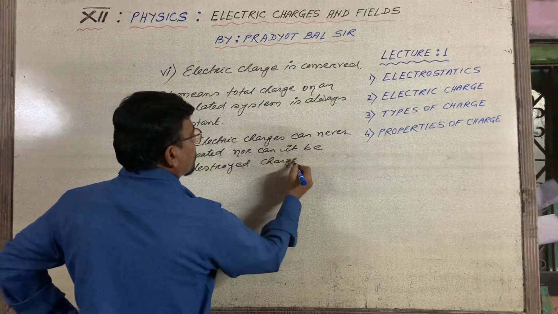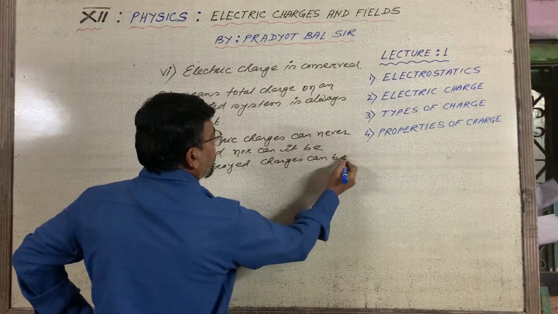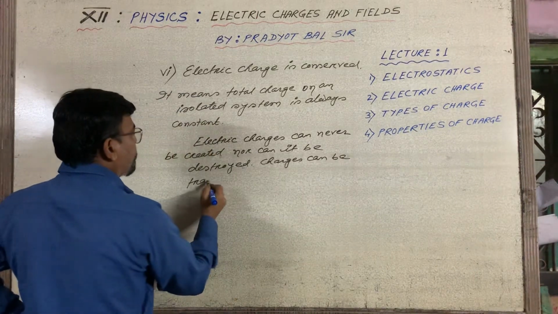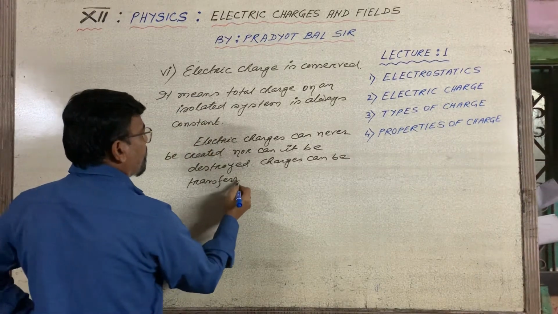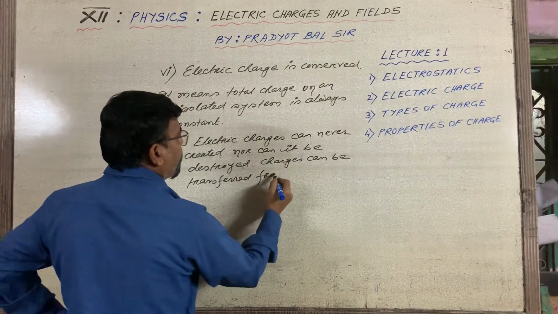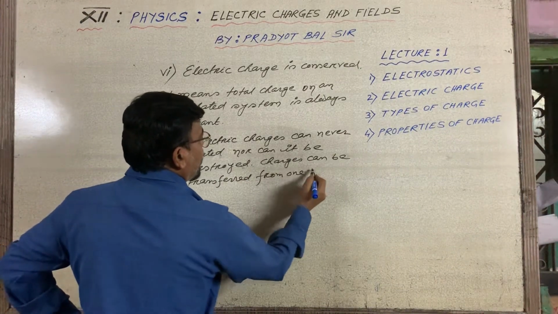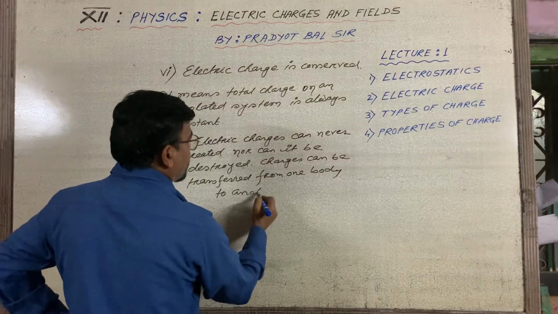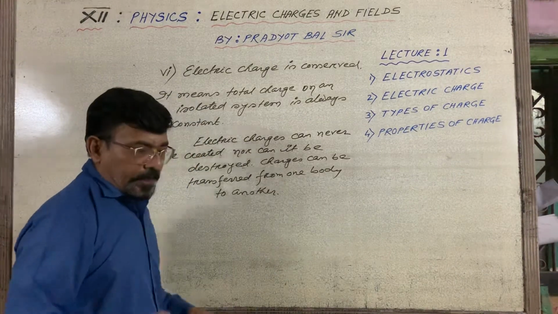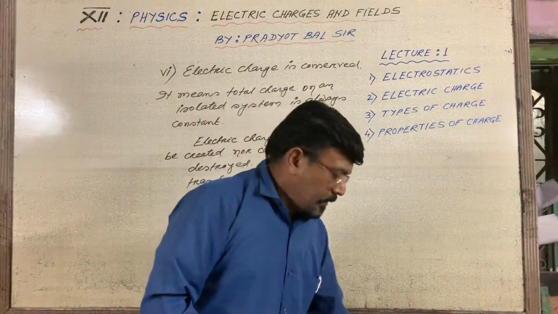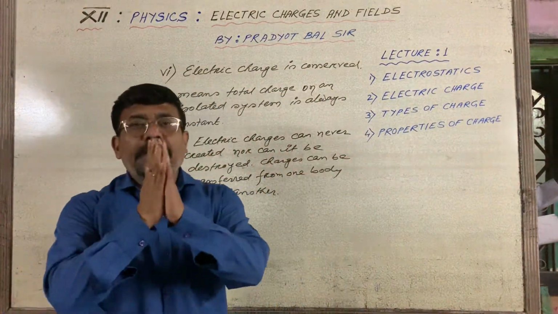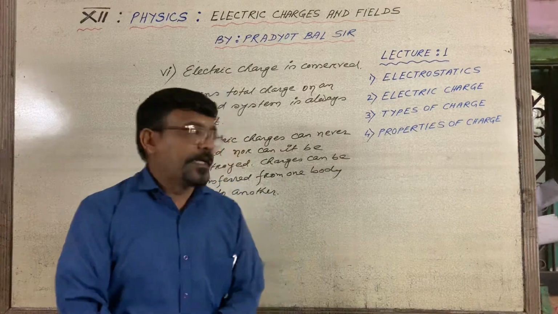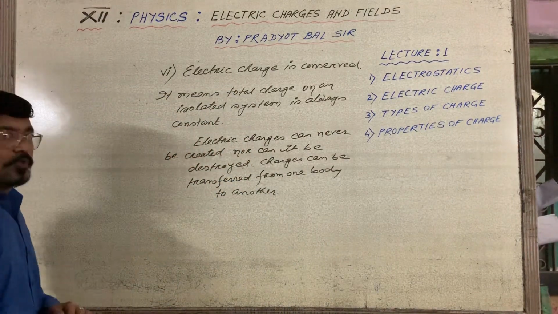Charges can be transferred from one body to another. That is, electric charges cannot be created nor destroyed, but can be transferred from one body to another. Just see once for writing the notes.